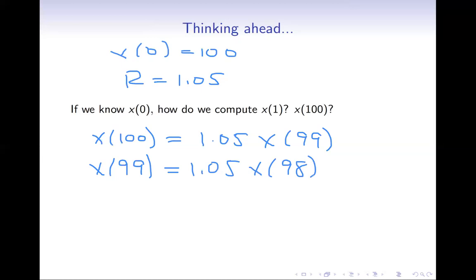Okay, don't have x of 98 either. I could compute x of 98 using the model, but I think you all already see the problem: to compute x of 100, I need to compute all values of x from 0, starting at 1, up to 100. Now we could do that if we had plenty of time, just with pencil and paper.